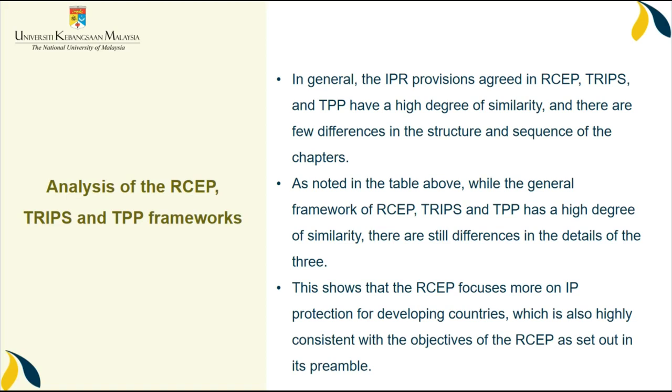Firstly, RCEP does not have a specific section on the protection of undisclosed information and typographies in the substantive content of IPRs, whereas the TRIPS has a specific section on the protection of undisclosed information and typographies in its Part 2, and TPP also has a specific description of undisclosed experimental or other data.